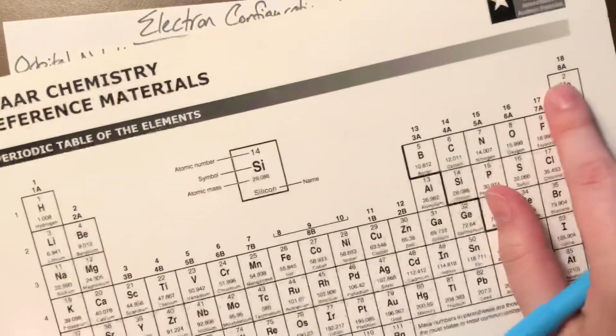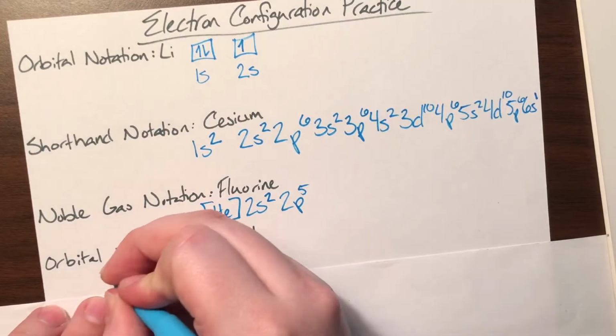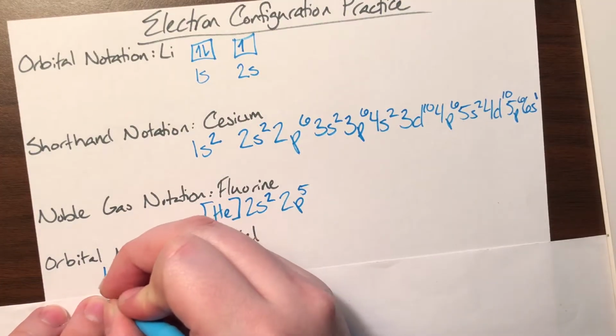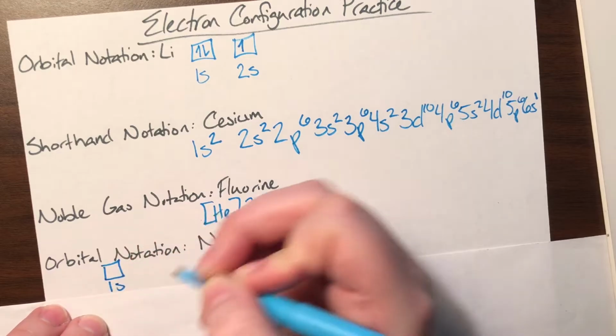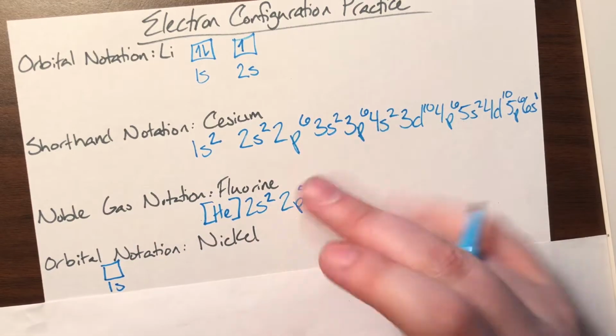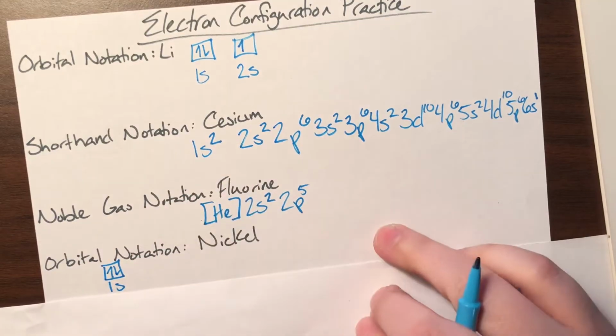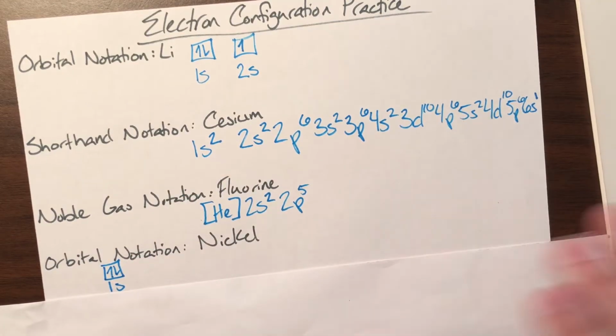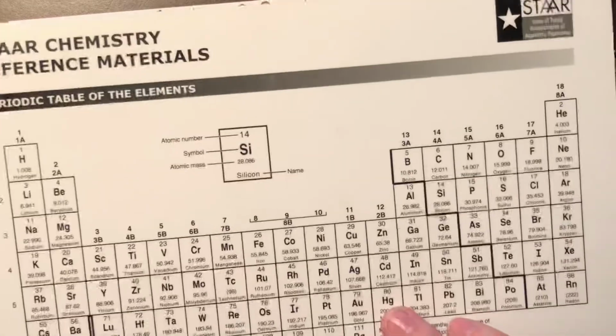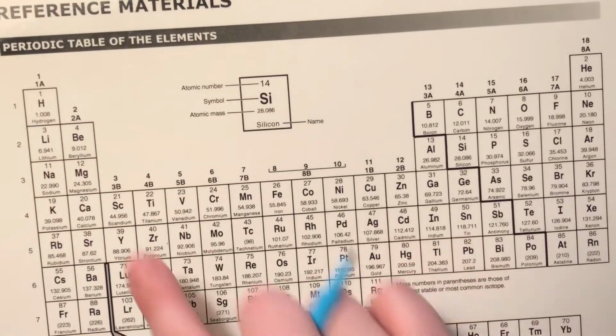They are going to live in that 1s block, and that 1s block just looks like one box. I do have both of my electrons living there because I have not reached my 28th electron by the time I finished 1s, so I will go ahead and draw it as full.